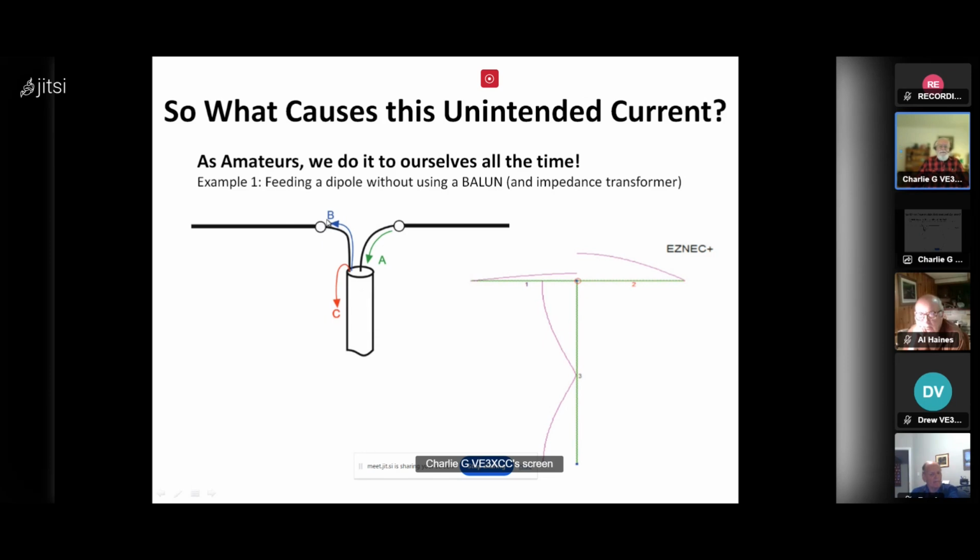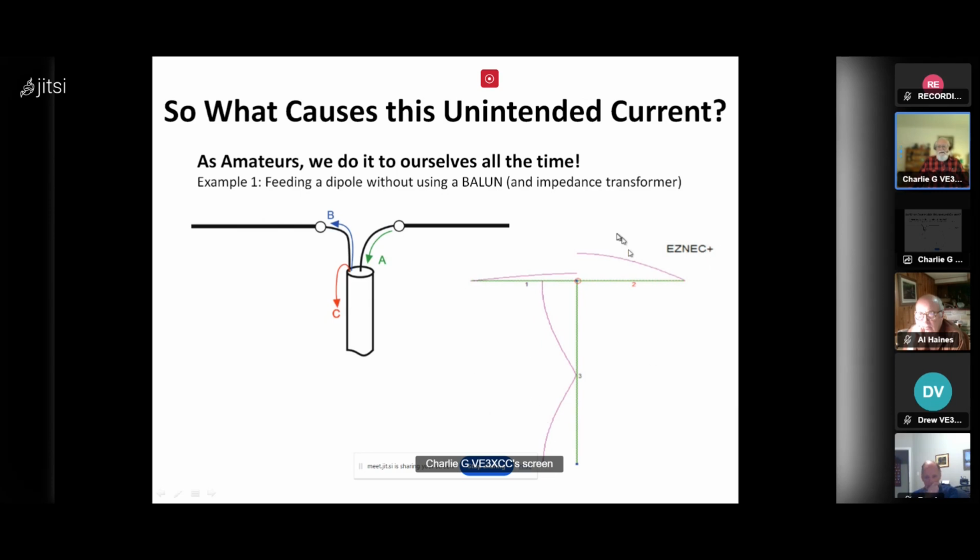And lo and behold, we think everything works, but wait, there's some RF coming in the shack. That's because some of that current that should be headed out this particular leg of the dipole is in fact bouncing back along the coax.